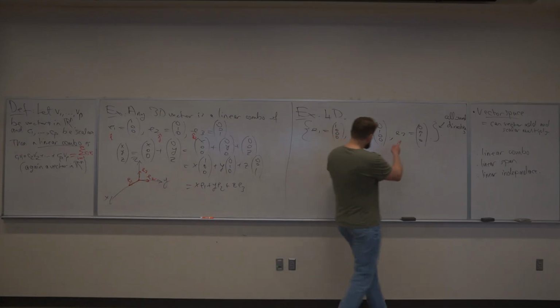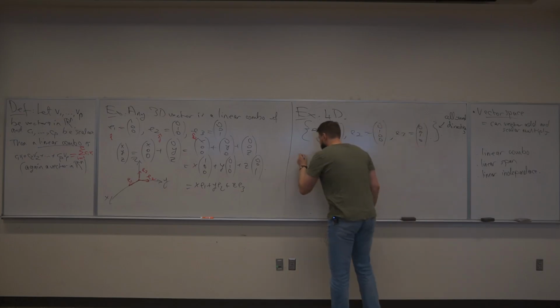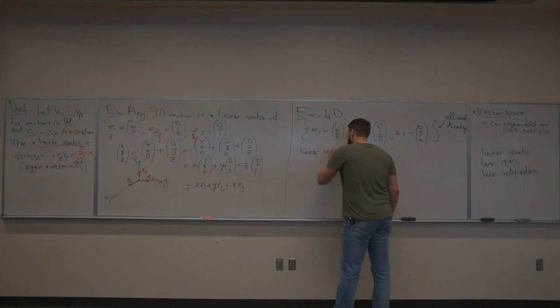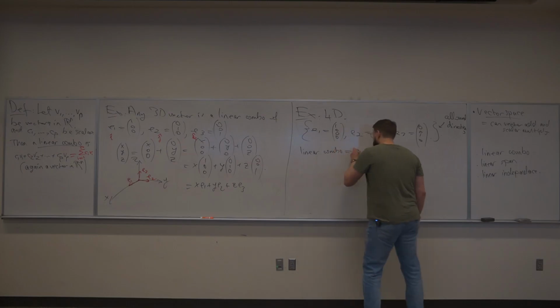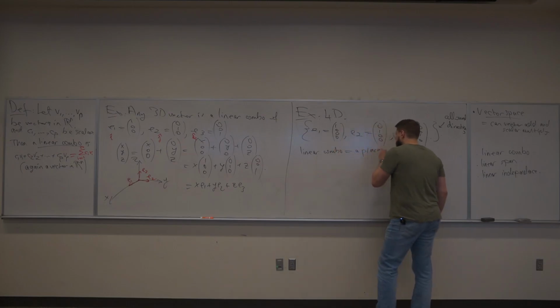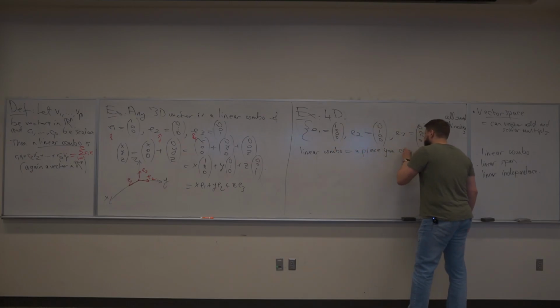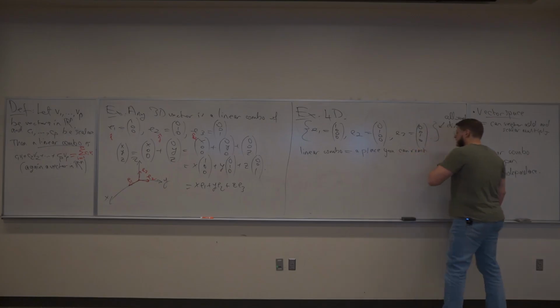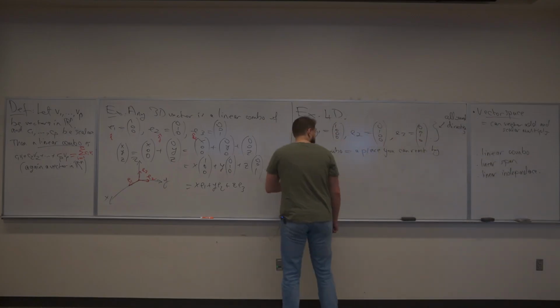But you can sort of mix and match. A linear combo is a place you can reach by motion in these directions.